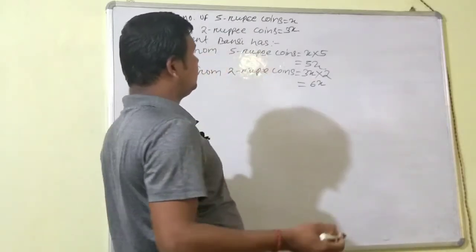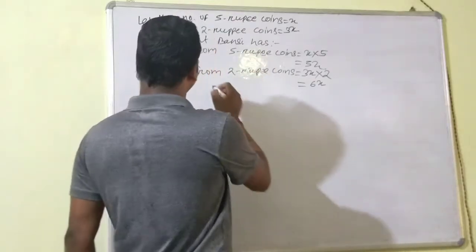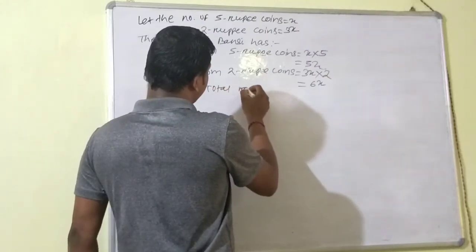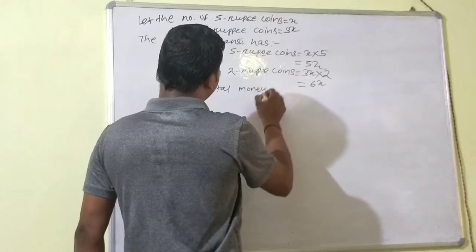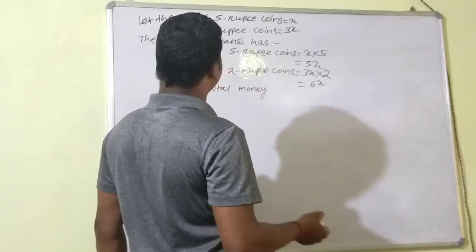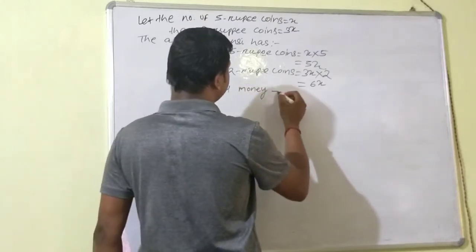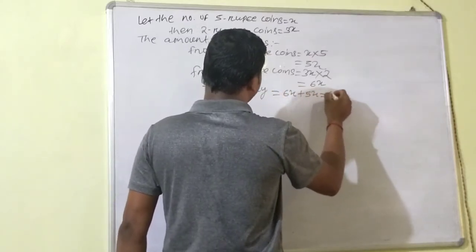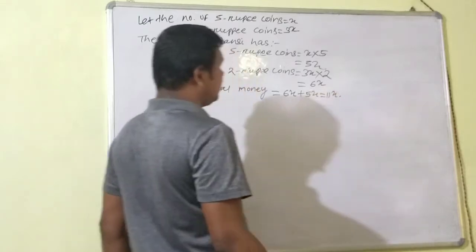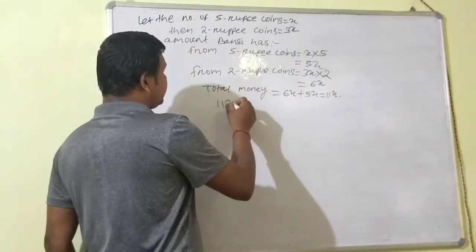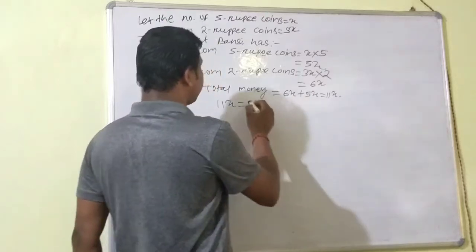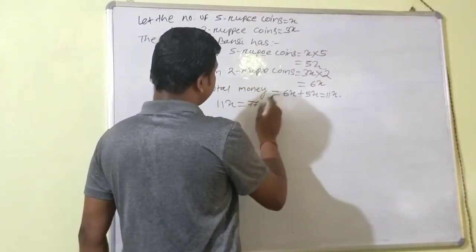Okay. So total money with Bansi from both 5 rupee and 2 rupee coins will be 6x plus 5x, that is 11x. That 11x is already given, that total money, that is 77 rupees. Okay.